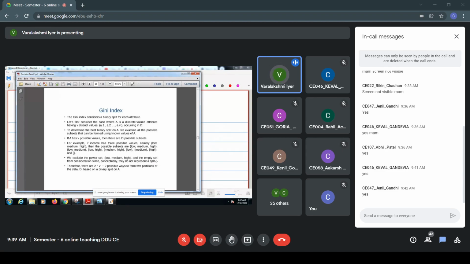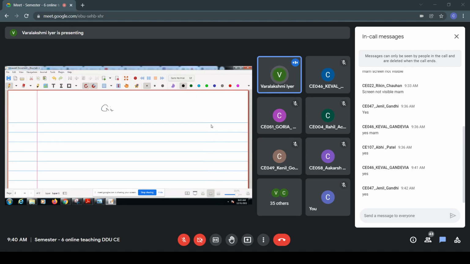For example, for low, medium, high, the possible subsets could be low, medium, high, low and medium, low and high, medium and high, and low, medium and high. You have to eliminate the entire set and the empty set, and based on the remaining subsets, you have to create the split. The split will always be binary. So in the case of Gini index, always binary splits will be created.